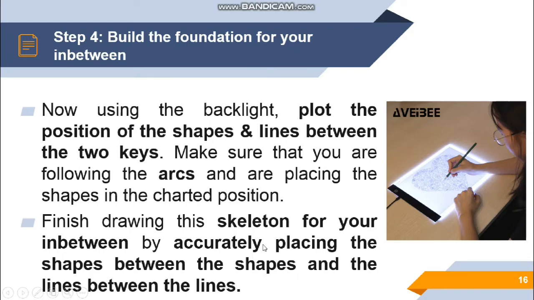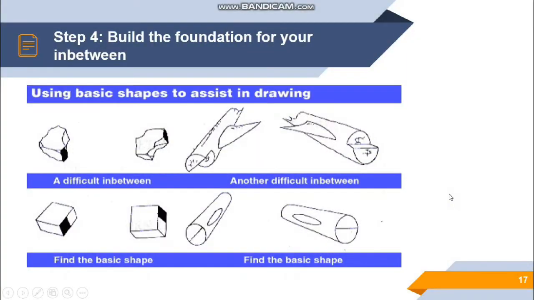Meaning you need to adhere to your first key pose and your last key pose so that you can create an in-between that is very similar in shape and size to your key poses. Next, in building the foundation of your in-between, we need to understand the basic shapes in order to assist in drawing. Let's take a look at this example.